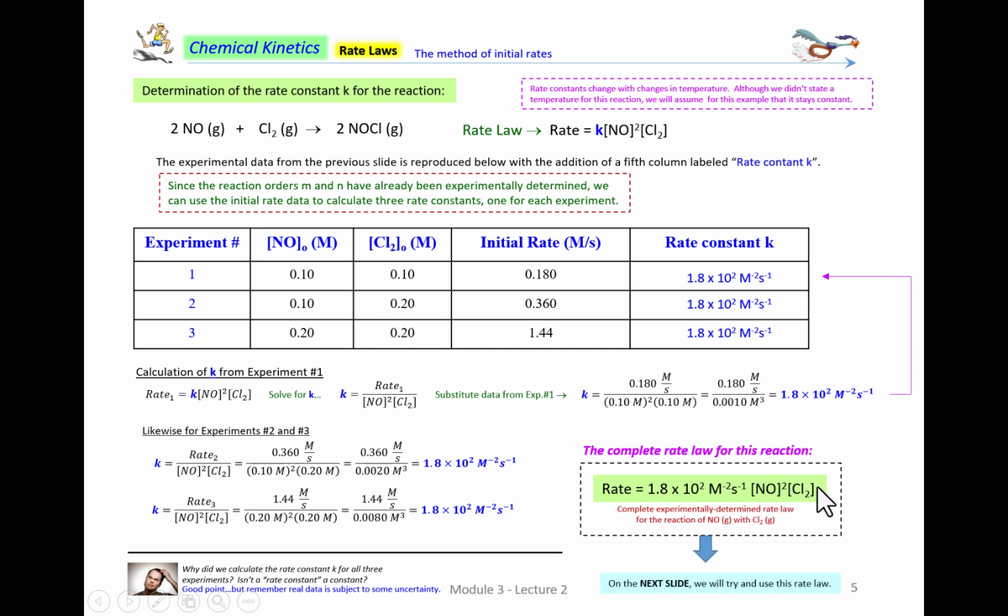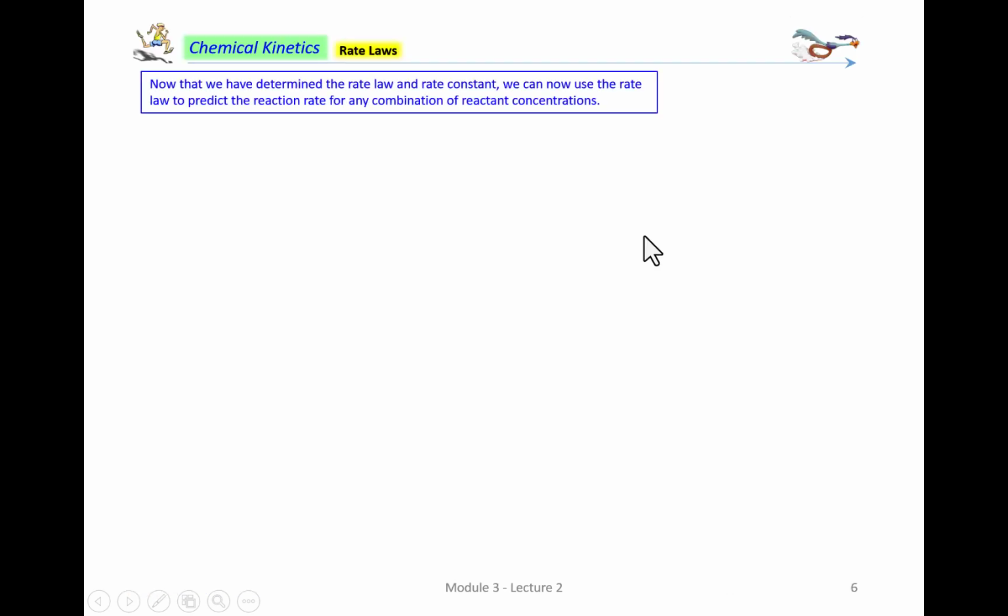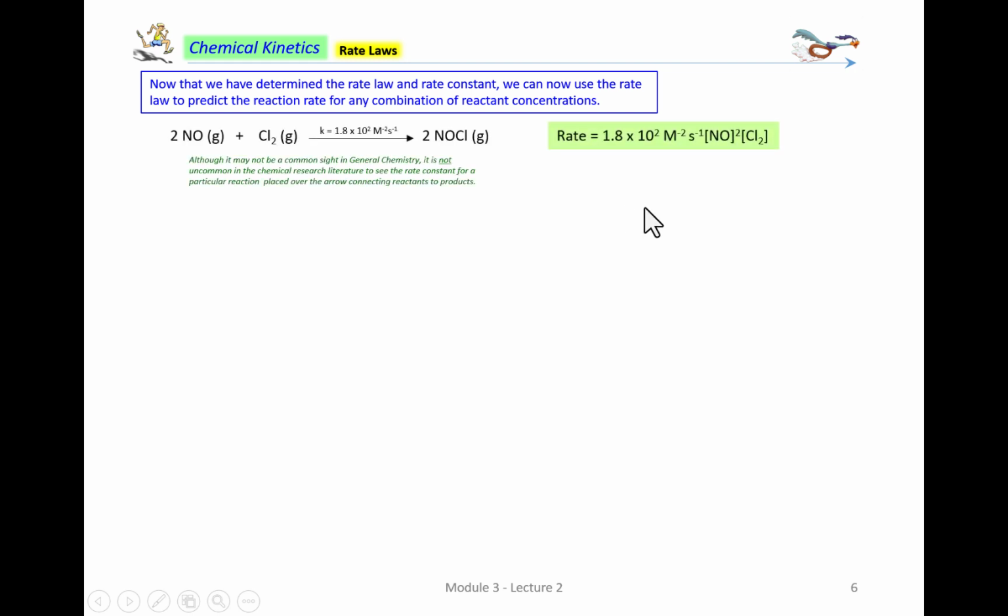So on the next slide, we can use this rate law. We can use it to predict what the reaction rate would be for any reactant concentrations. So I've rewritten the reaction here, 2NO plus chlorine going to 2NOCl.